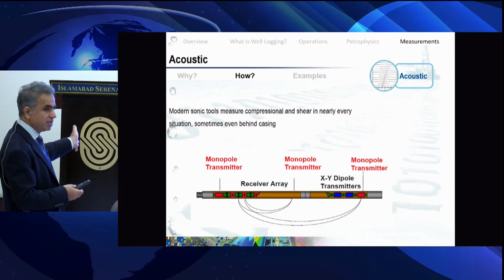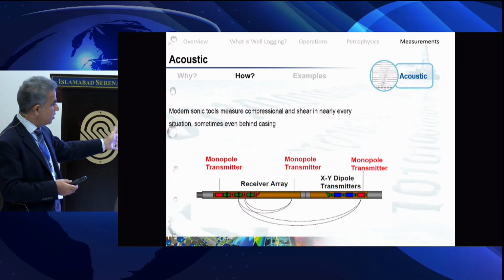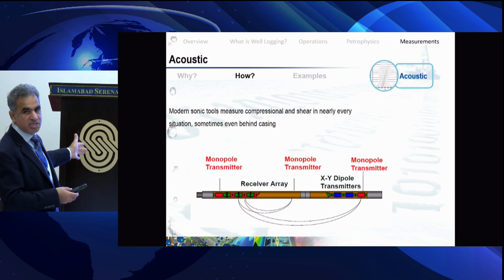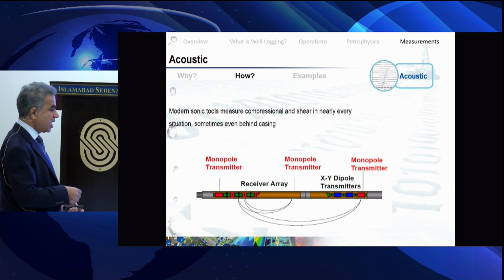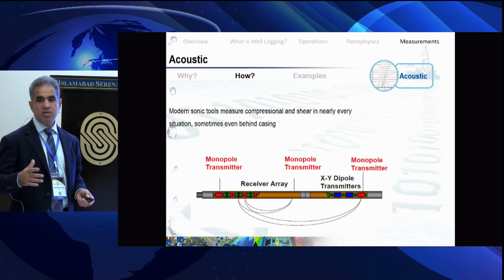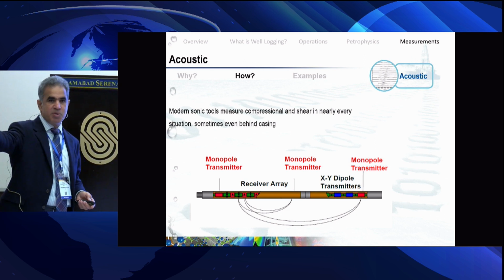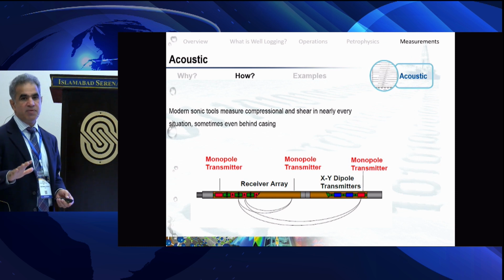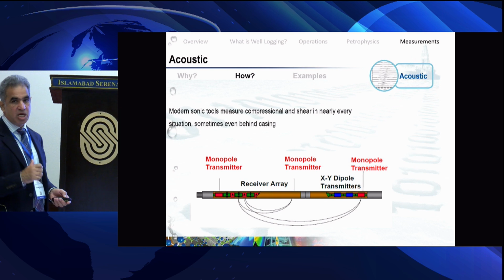And there are different receivers, as you've seen, close to the transmitter and away, so you can increase your depth of investigation. Because in a large borehole washout, you want to get deep into the formation. That's why sonic measurement is mostly good even in large boreholes or slow formations.